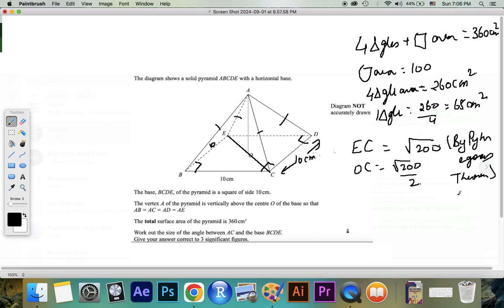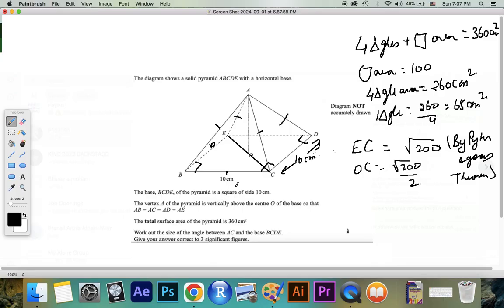So one idea is that we can draw a perpendicular from here all the way till here, or if we just connect this line, let's say take the midpoint over here.